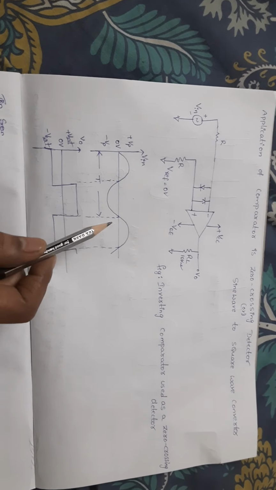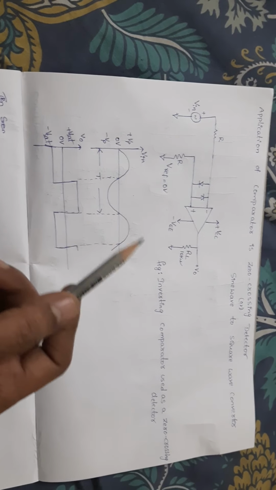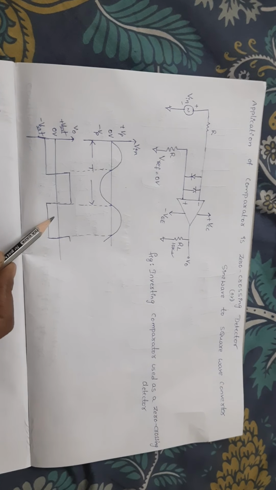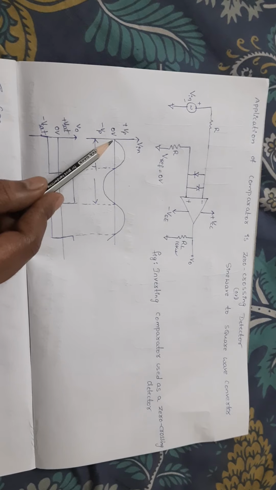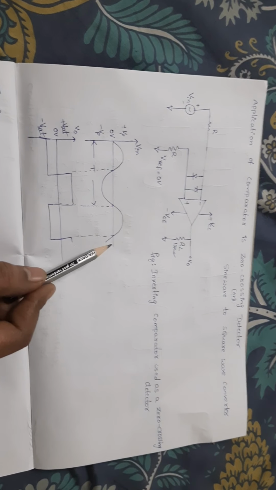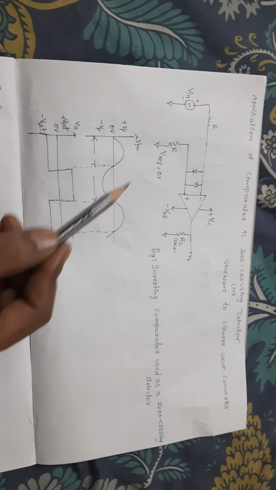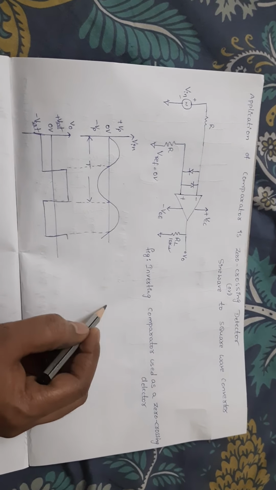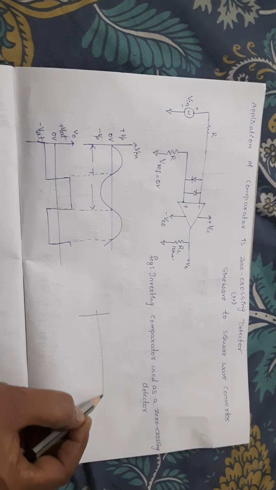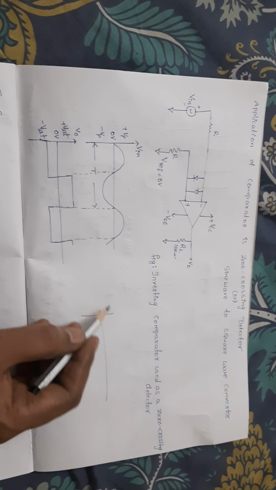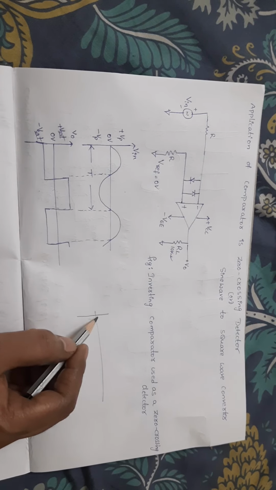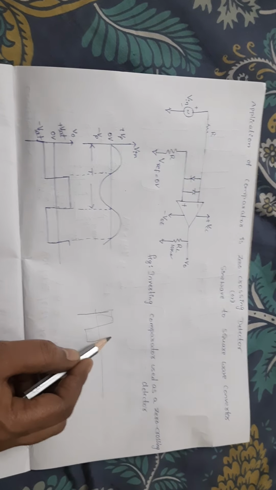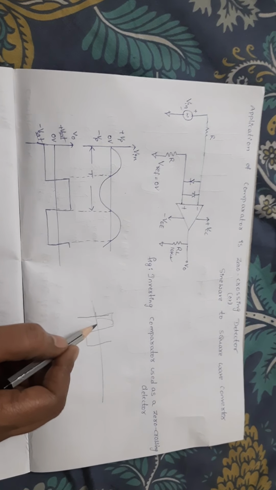But one drawback of this zero crossing detector using negative feedback is this: I am taking V reference as 0 volts, but in some situations some noise will enter the op amp. That noise is then taken as the reference, and the output fluctuates between plus Vsat and minus Vsat, but our actual reference is not like that.